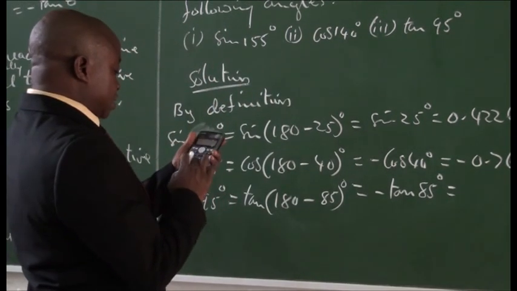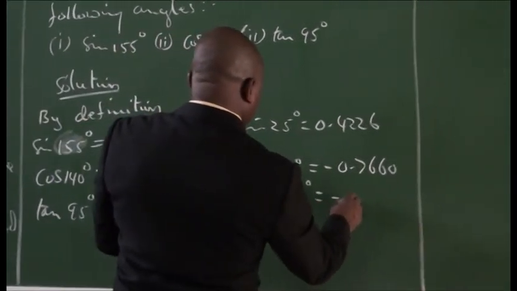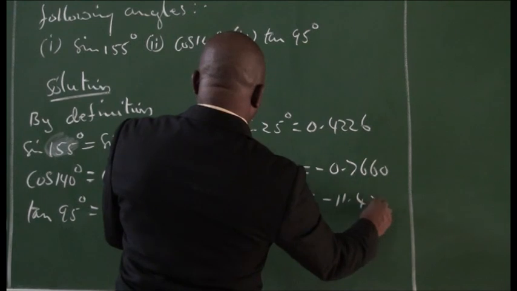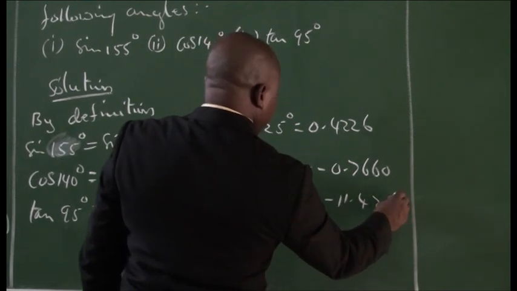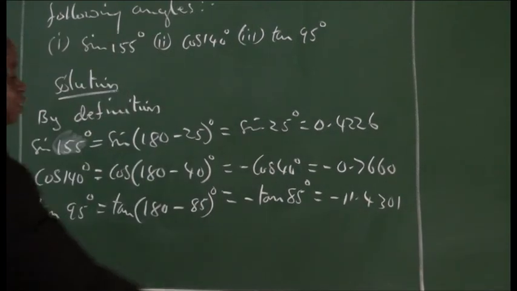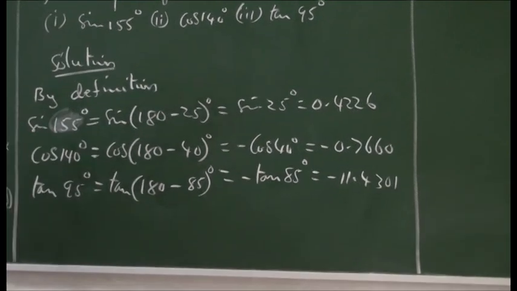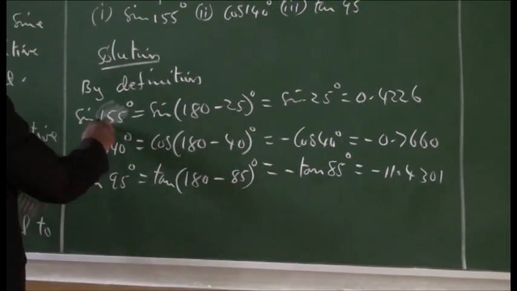So tan 85 gives us minus 11.4301. That is tan.